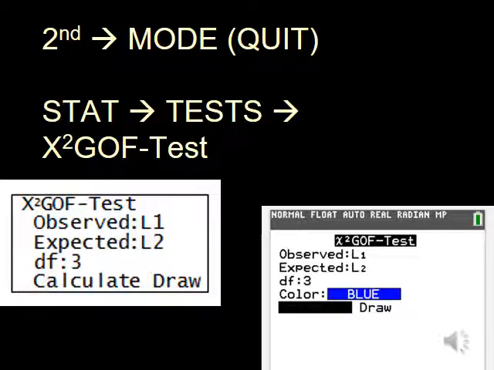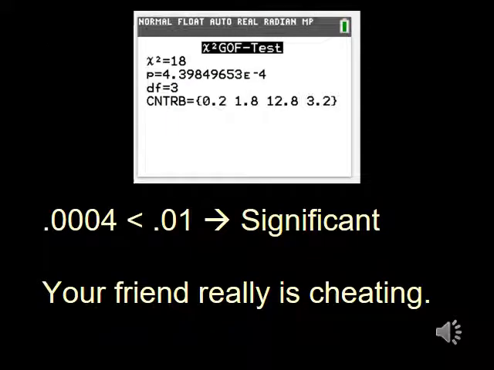I actually here put 2 different screenshots, and that's because exactly what you would see if you had an 84 looks a little bit different depending on how new of an 84 you have, but everything except that color line is basically the same. This is what the result screen looks like. If I were asking this question like on a test or quiz, what I would do at this point is I would tell you the p-value is 0.0004.